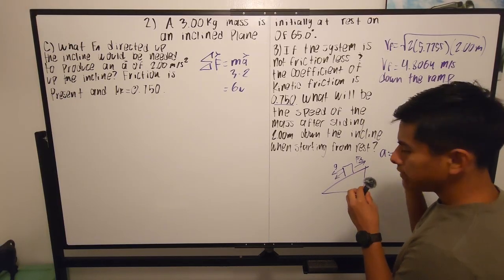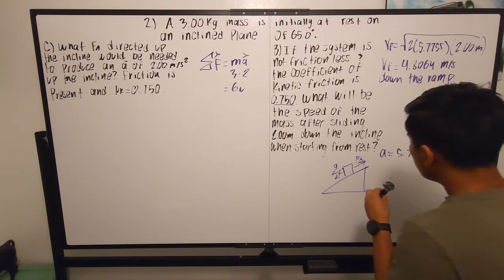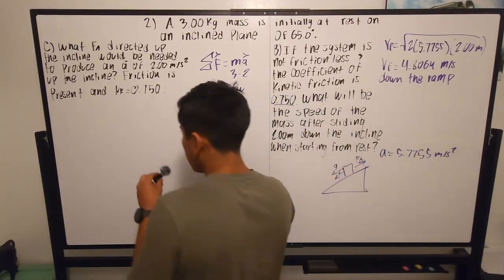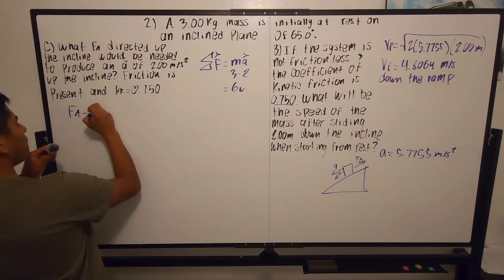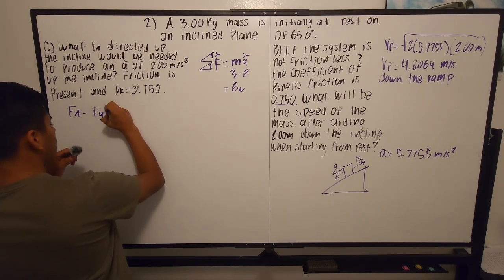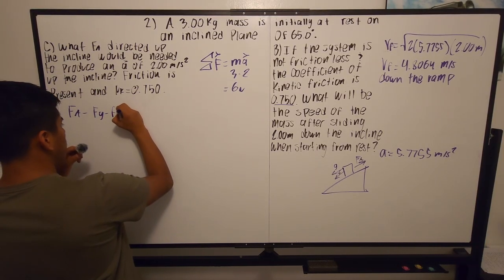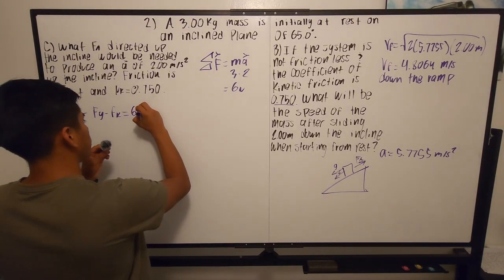And the force that is trying to stop it is going to be friction. So let's write that down. So we have the applied force minus the force of gravity minus the force of kinetic friction. And that is going to be equal to 6 newtons.